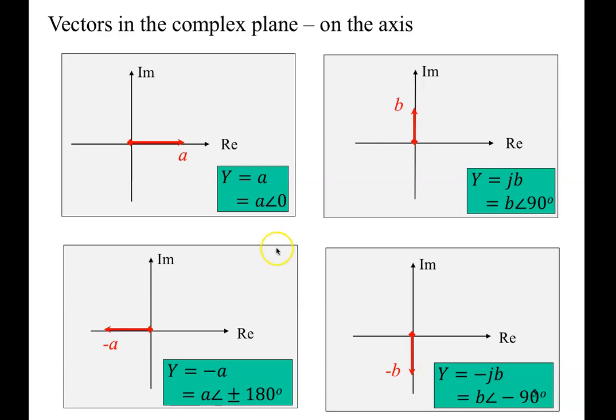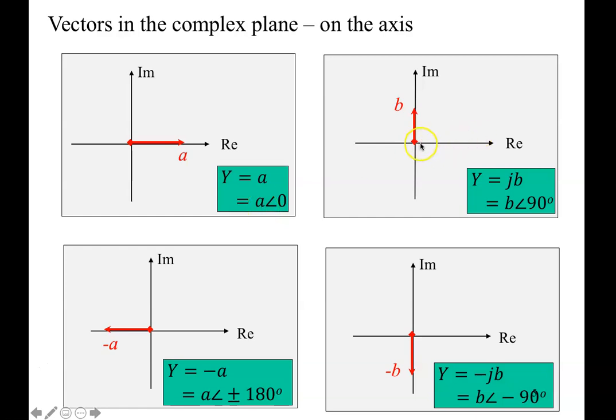First, a positive real number, that's a number pointing towards the positive part of the real axis. So the angle will be 0 because it's in line with the positive part of the real axis. The magnitude will be A.